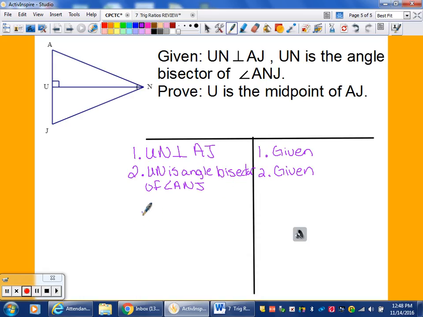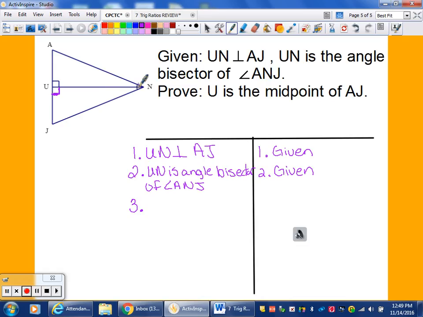Okay, so now I need to look over here. If they tell me UN is perpendicular to AJ, I know that here at U, I've got two right angles, don't I? So, I have right triangles, right? I need to figure out, is this going to be hypotenuse leg or is it going to be something else? So I have to look at everything they've given me and what's not shown.